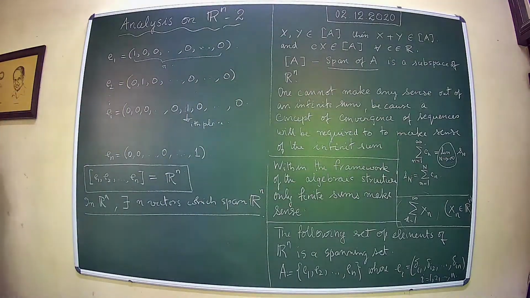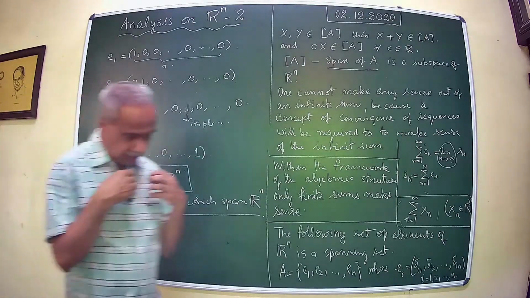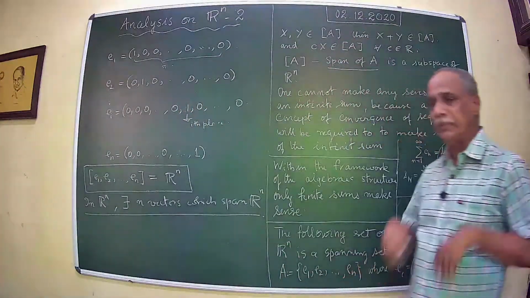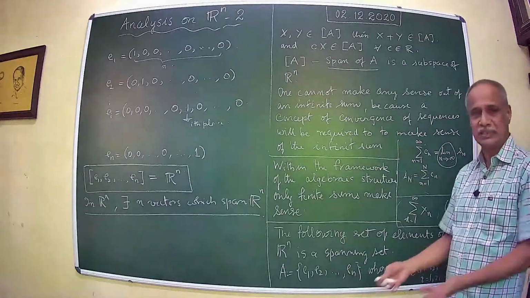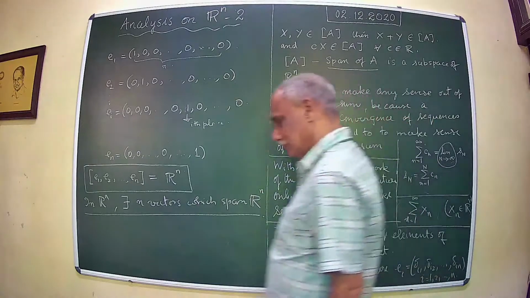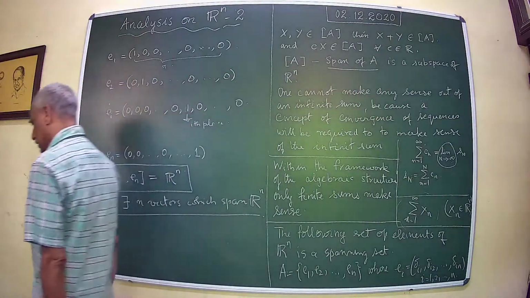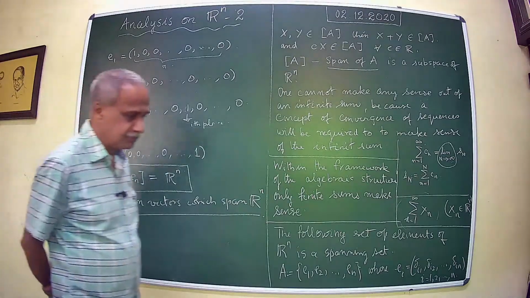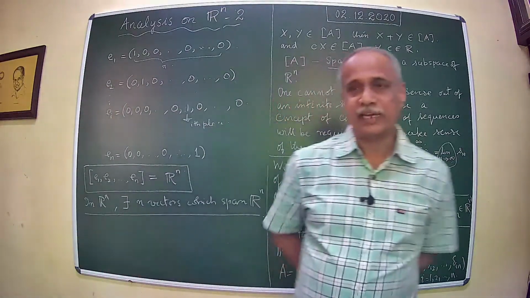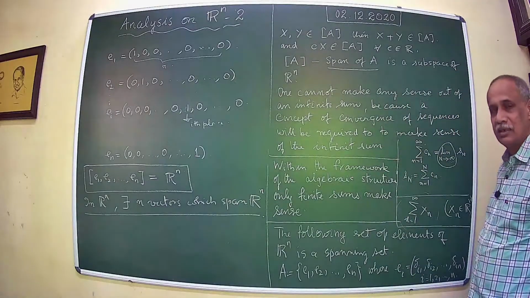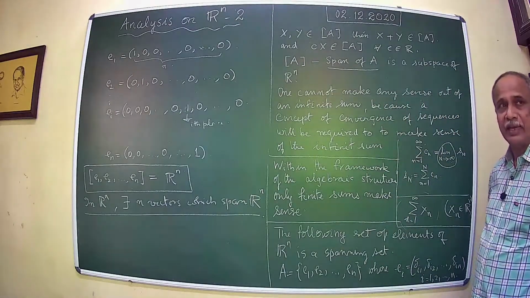Now you see that if you add to a spanning set some additional vectors, still it spans the whole space. Suppose you take S, which is a spanning set of R^n, then you put additional vectors into S, then they also span the whole space.